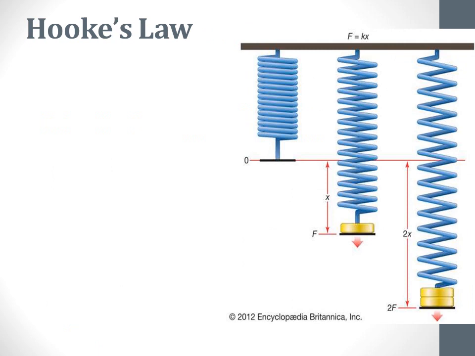We now move on to relate stress and strain by means of a law called Hooke's law. Have a look at this diagram. The first picture which we see here is a spring which is completely unloaded. Therefore, there is no change in its shape or size.